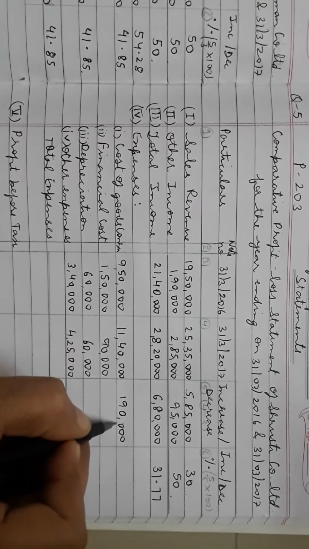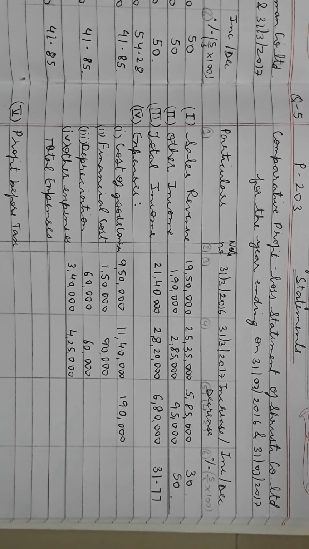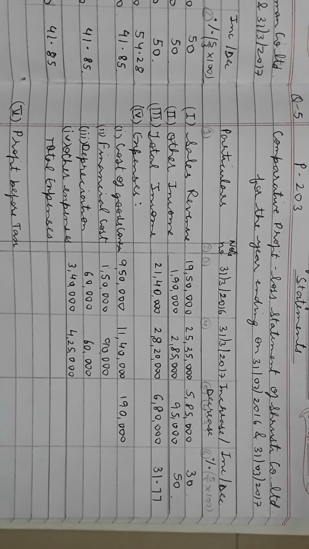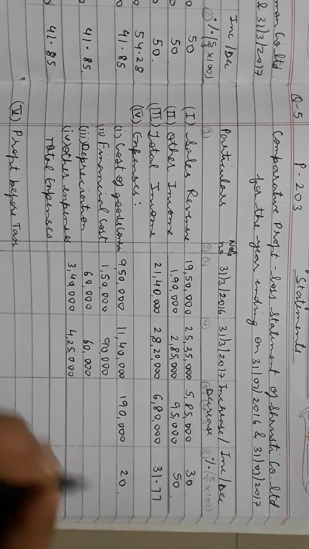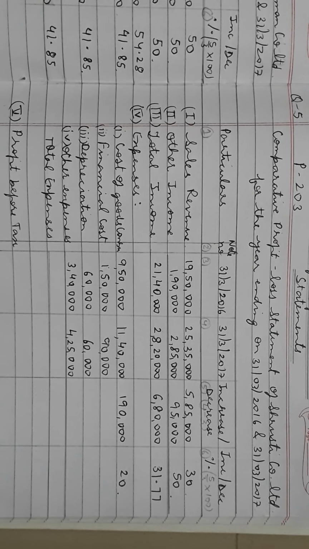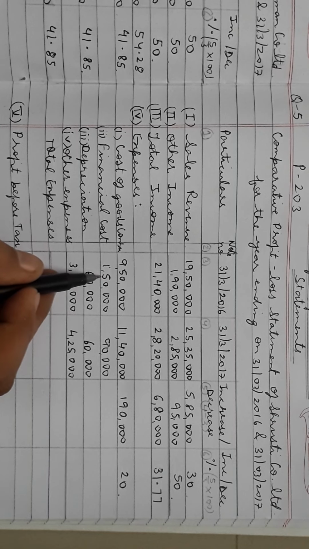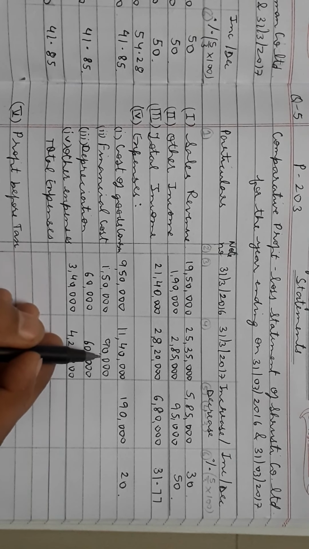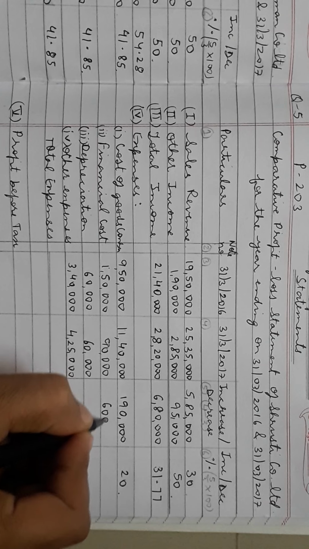Percentage increase decrease, 1,90,000 divided by 9,50,000 into 100, so 20%. Here financial cost has decreased from 150 to 90, so 60,000 negative.